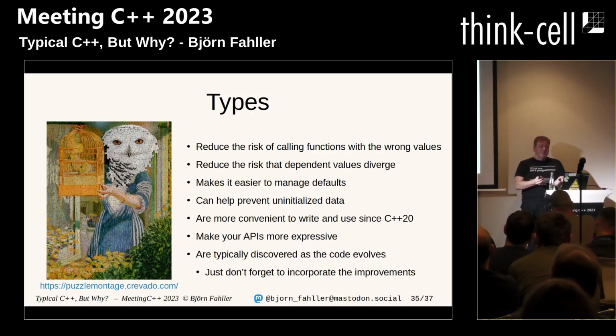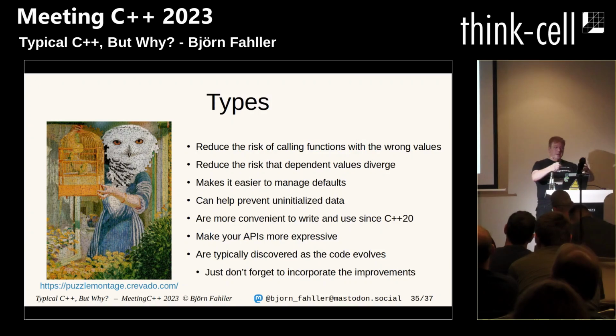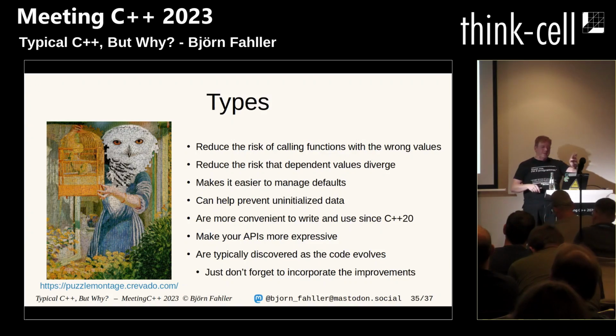Types make it easier to manage defaults, like in the configuration construct where the members are given initializer values directly in the declaration, and you can use designated initializer lists to state your deviations from the defaults. Types make your code more expressive.